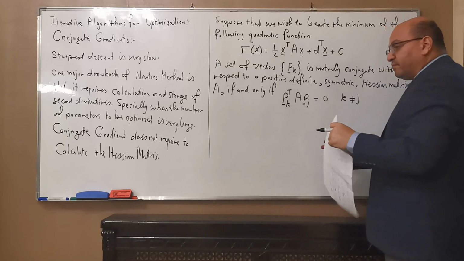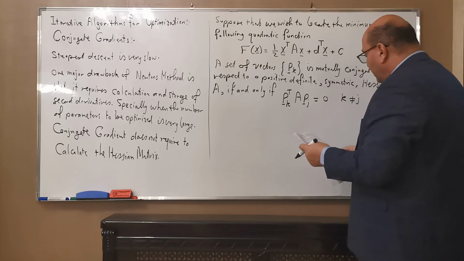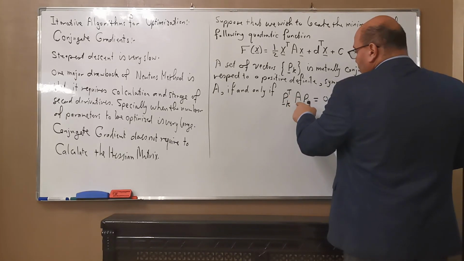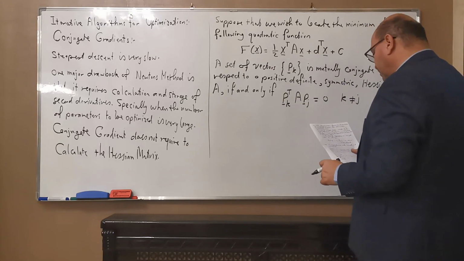So it's some type of orthogonality actually, but it's not exactly orthogonal, since you are taking p sub k with A as one element. Okay.